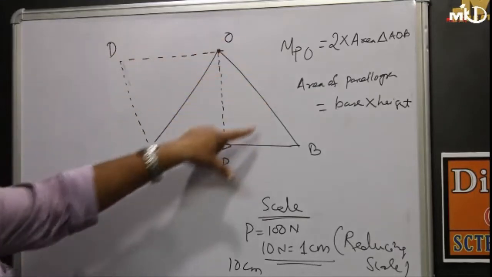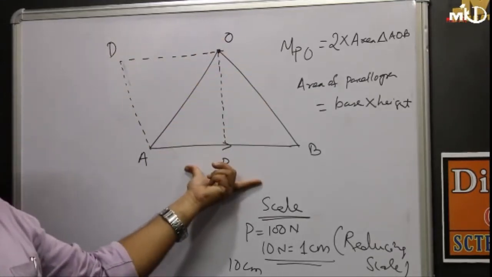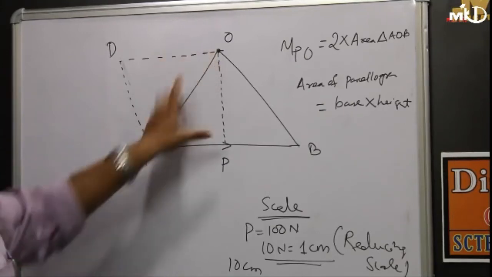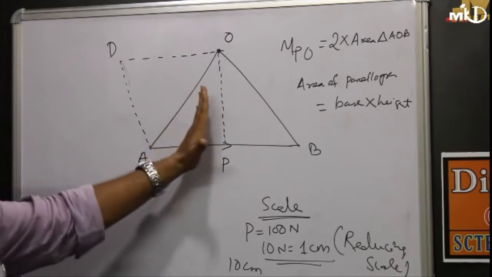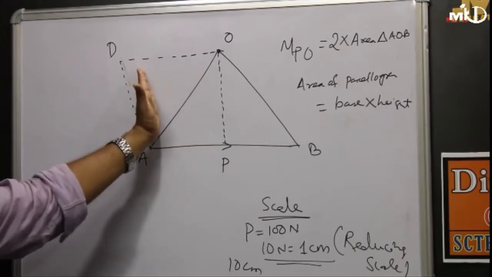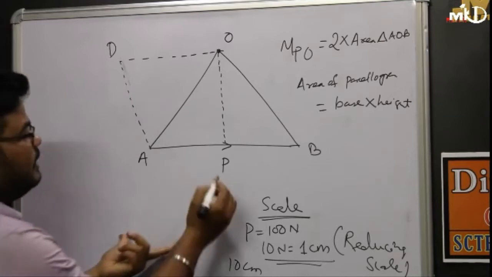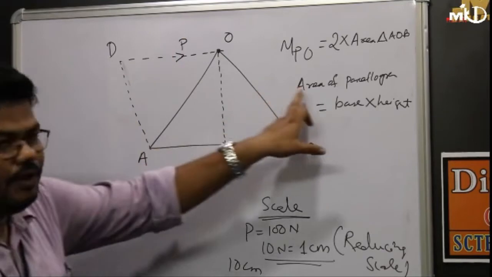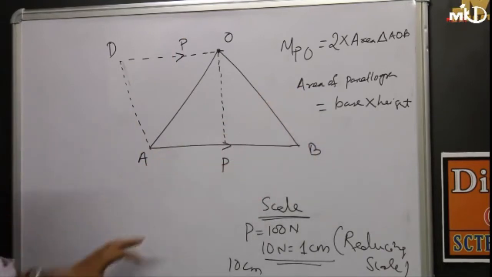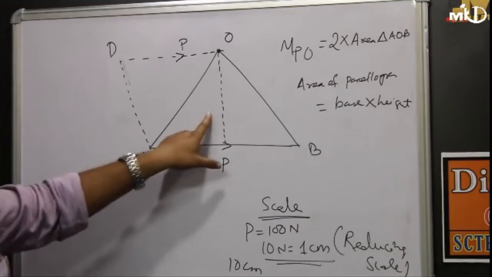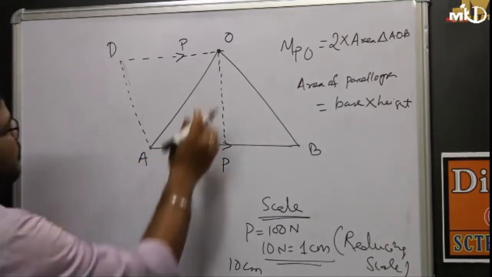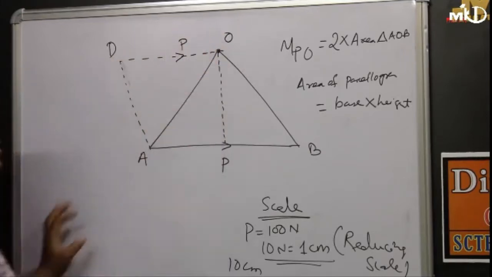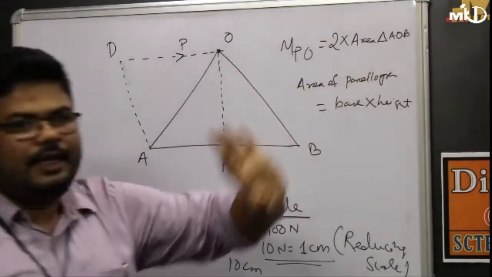If this is a parallelogram, P is the base, and this is the height, which is also the height of the triangle AOB. But you can see that this triangle will be equal to this triangle. Why? Because in the parallelogram this P will be equal to this side, and this one will be equal to this side. So the total moment will be equal to twice the area of triangle AOB. If this is the area of AOB, then this will be another AOB. So it is twice the area of AOB.